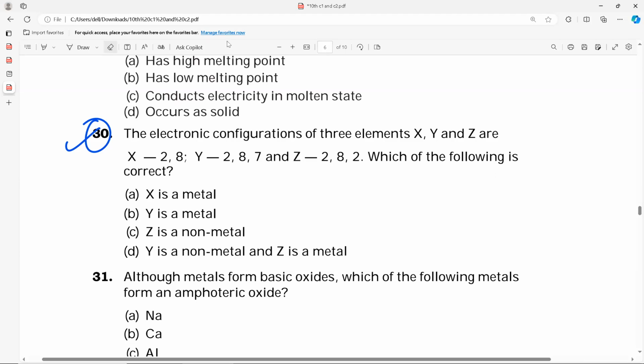Done? Yes, what should be the answer for this question number 30, Mariam? Sir, A. X is a metal. Okay, it means you have not written that. Honestly tell me, did you write the previous chart that we were doing, the difference between metals and non-metals, in the copy, Mariam?